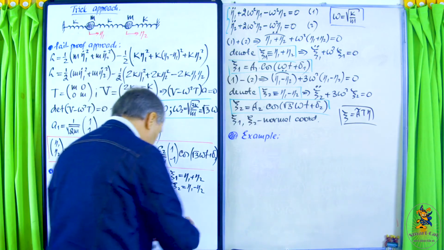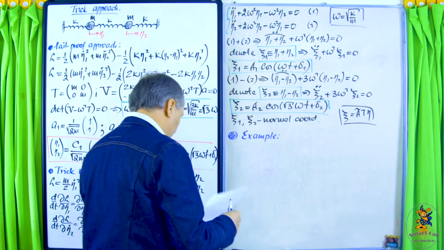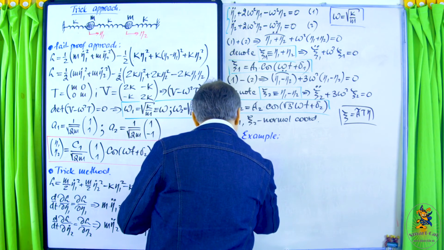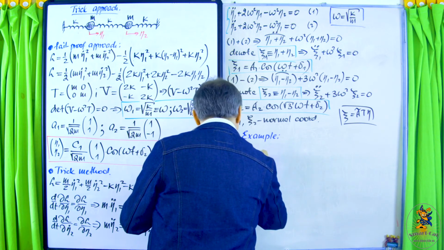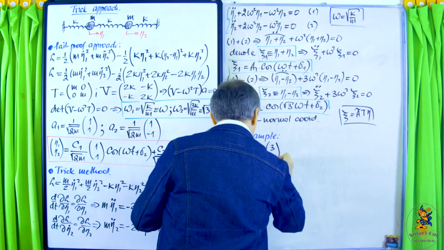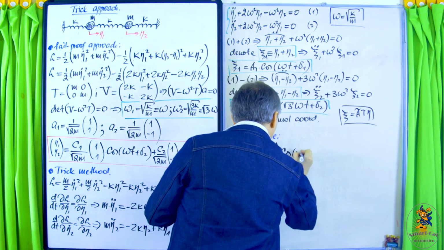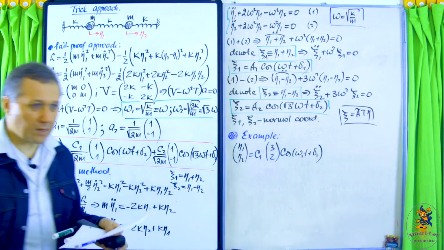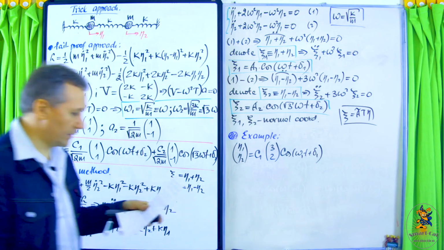Okay, so let's assume that we have this general solution. Let me grab my notes, so it will be, let's say, eta 1, eta 2, and let's say we have constant C1 times (3, 2) cosine omega 1 t plus delta 1. I just made it up, basically, right?